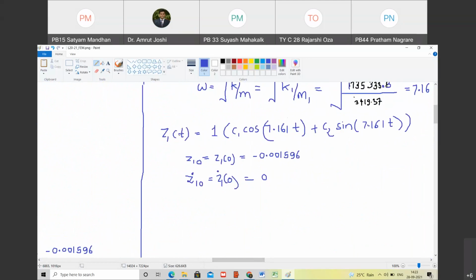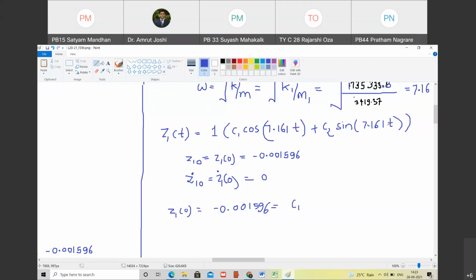For the first boundary condition, I will put t equal to 0 here. So Z1 of 0 has to be equal to minus 0.001596. If I substitute t equal to 0 here, this becomes cos of 0, that is 1. So C1 remains, and in C2, this term is going to vanish.